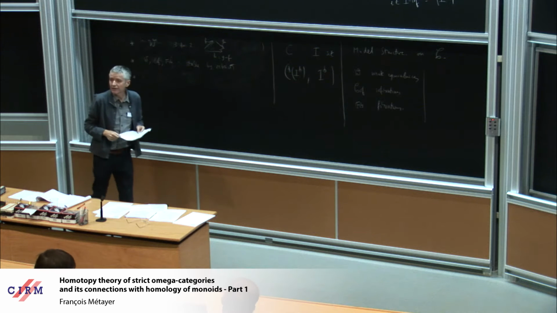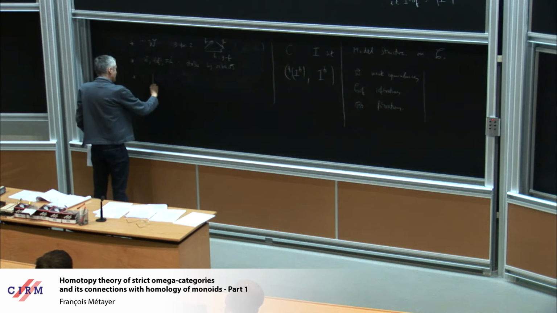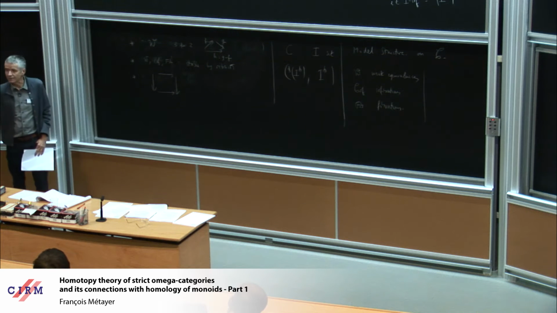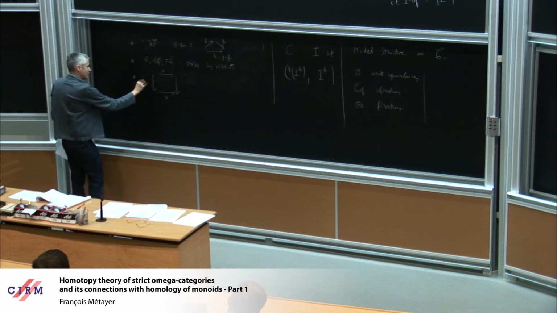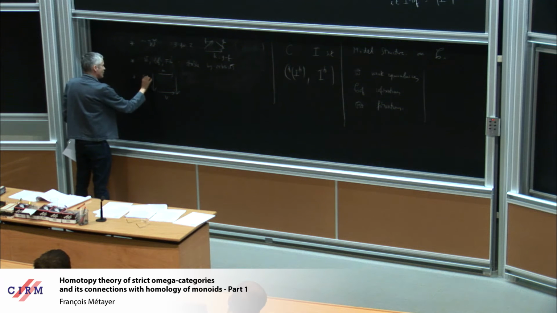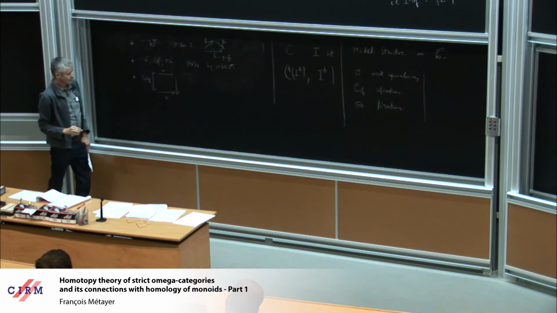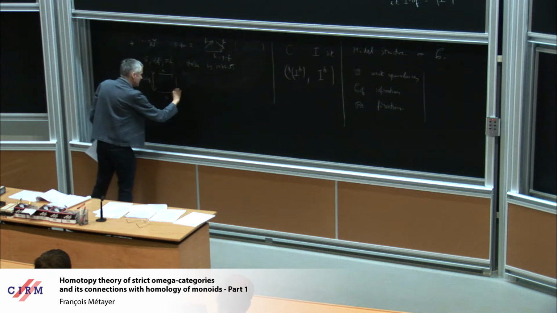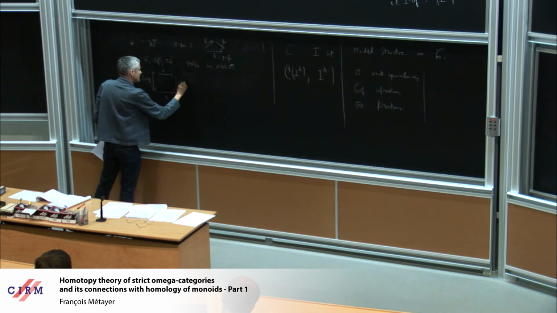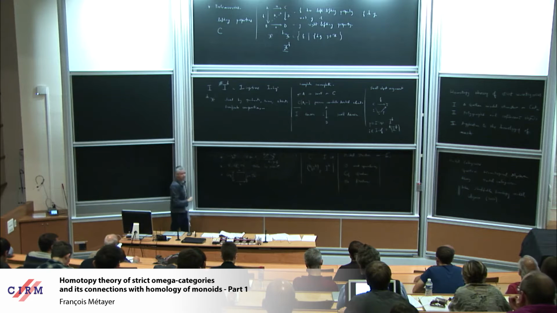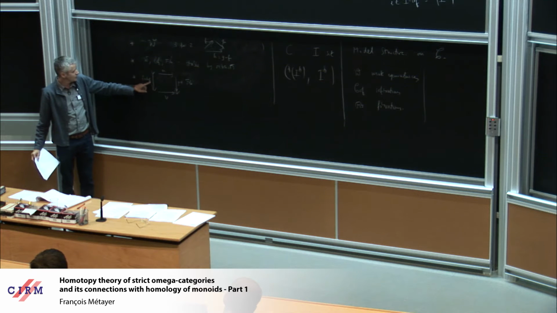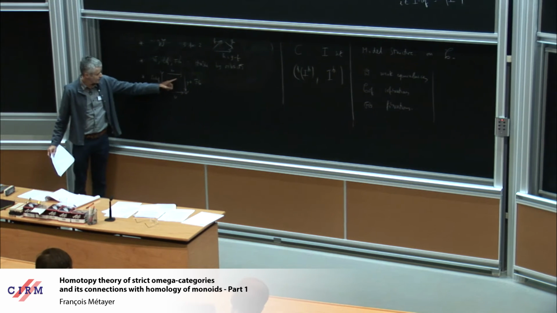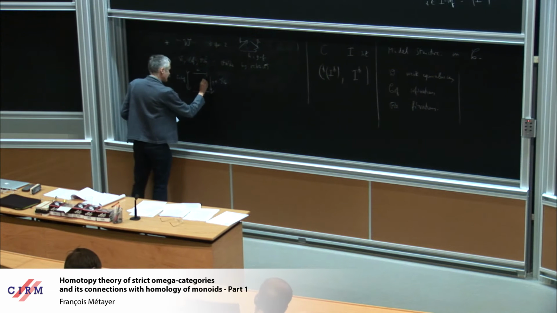You ask that whenever you have a commutative square like this, with this map I in cof, and this map P in fib, if this one is also a weak equivalence, then there's a lift here.